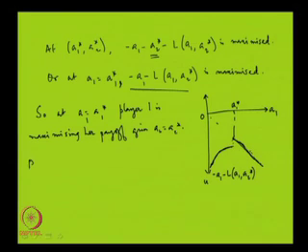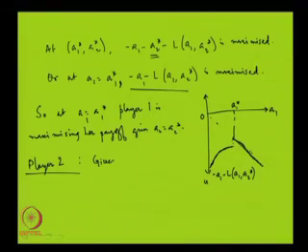What about player 2, from player 2's point of view? Is A2 star the best action for him given player 1 is taking A1 star? Now, the proof here is all like before, that given A1 is equal to A1 star, we are going to show that at A2 is equal to A2 star, the payoff function of player 2 is being maximized.